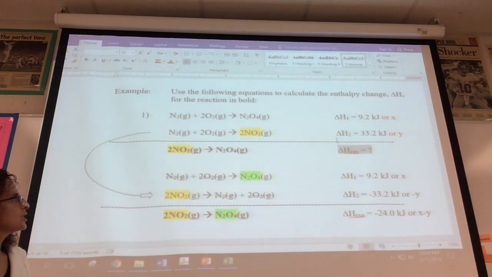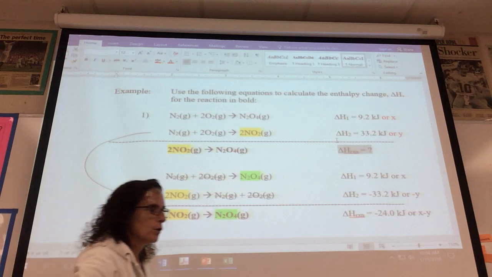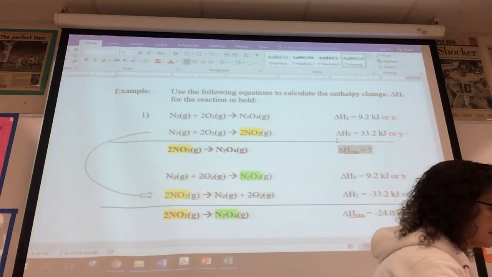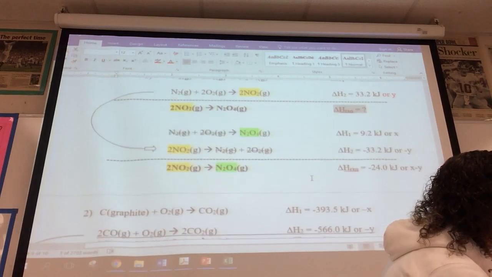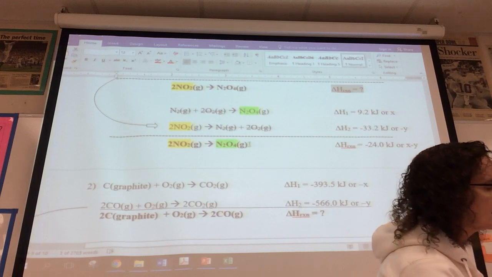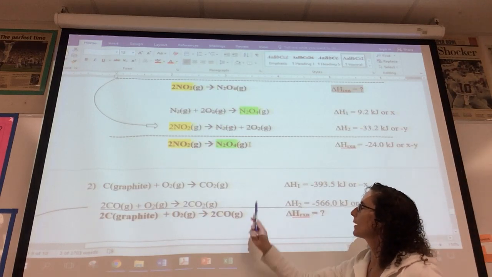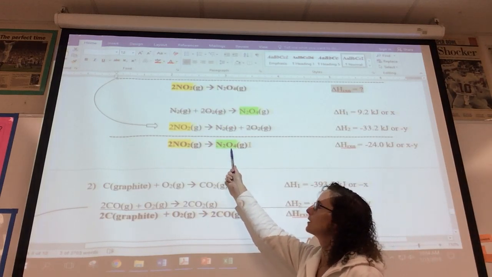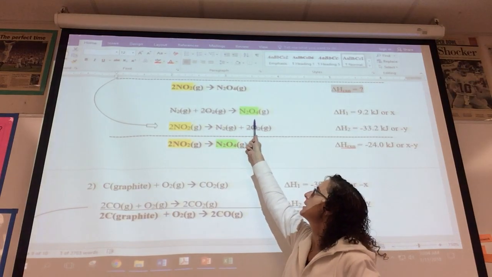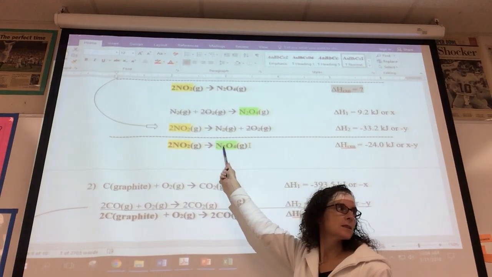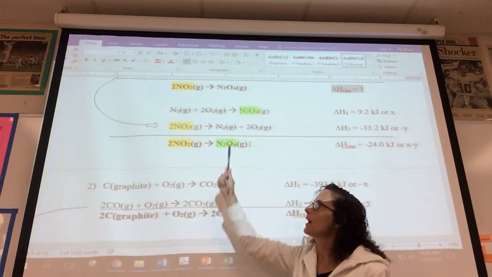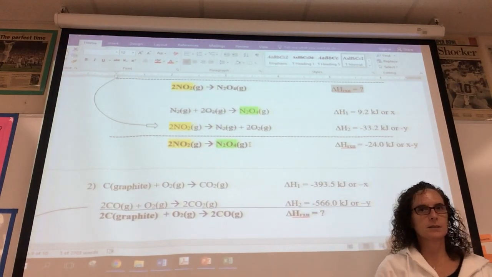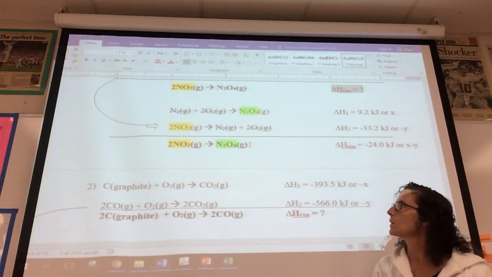Now I'm going to check to see if, when added together, those two reactions equal what I want. I also usually examine the product before I do that. The product highlighted in green is shown here. The substance is on the correct side and the coefficient matches. That's a good sign.